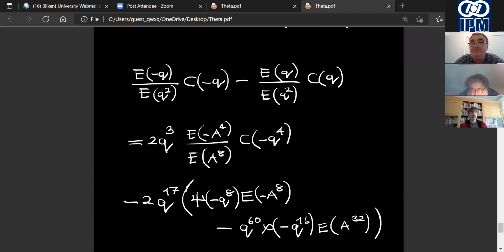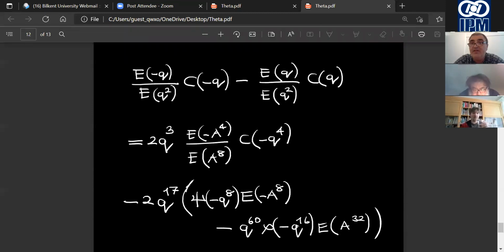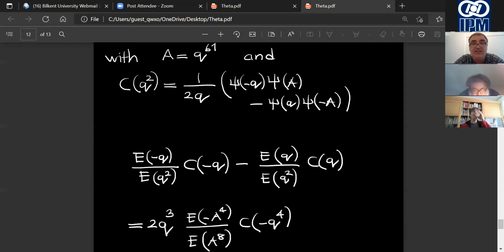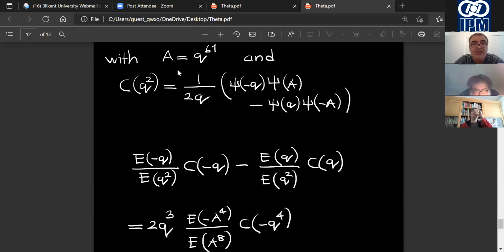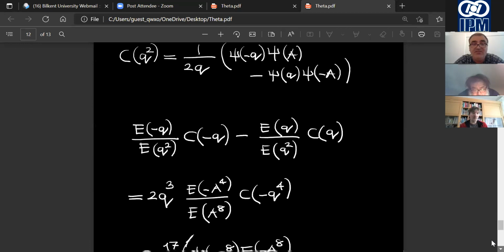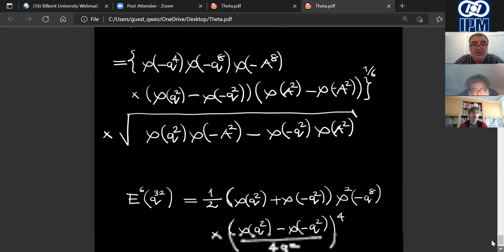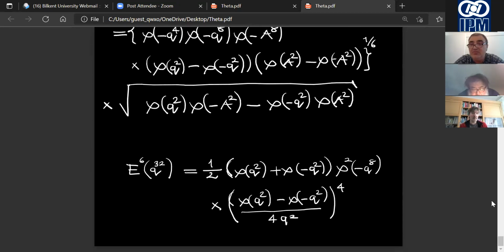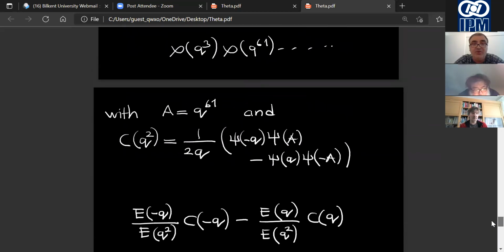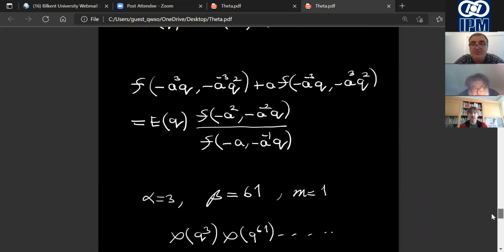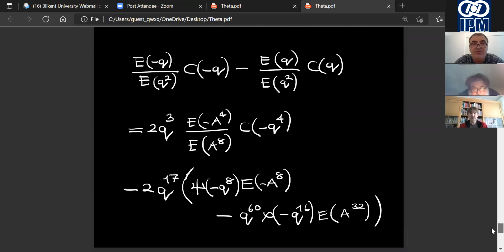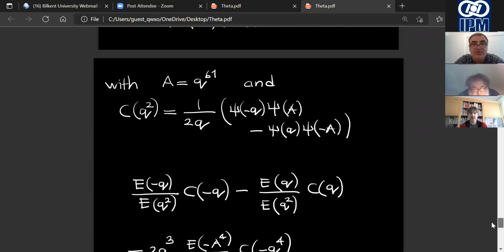If I were to write down C of Q, I would get square roots here. The reason is that the functions that show up are in the odd-even expansion of psi of Q. So you can write everything in terms of psi of Q, but you need to use square roots.